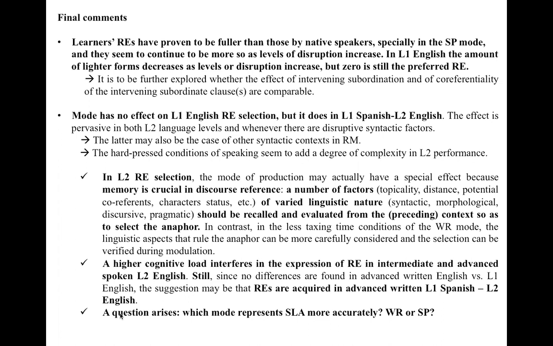Right. In writing, given the less taxing time conditions of the mode, these linguistic aspects that rule the anaphors can be more carefully considered, and then the selection of the anaphor can be verified during monitoring. So what we can conclude is that higher cognitive load interferes in the selection of referring expressions in intermediate and advanced spoken L2 English.